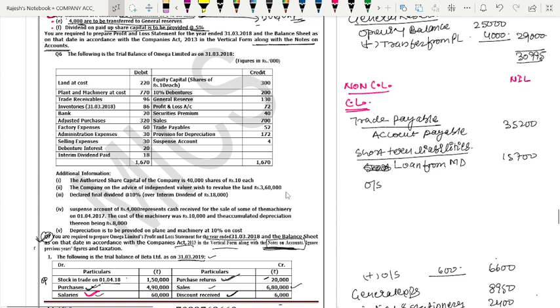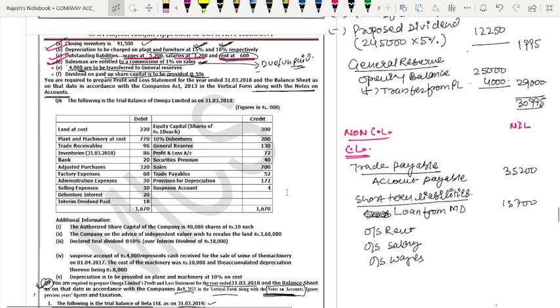Outstanding rent, outstanding salary is there, outstanding wages is also there. Outstanding wages 5,200. Outstanding salary 1,200. Outstanding rent 600.